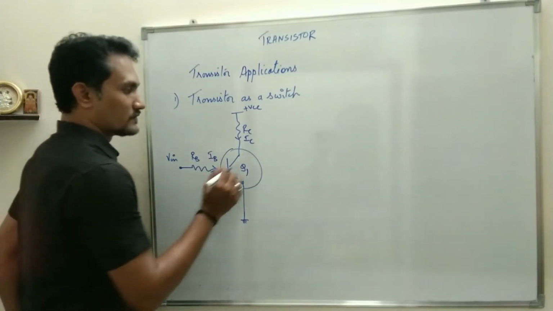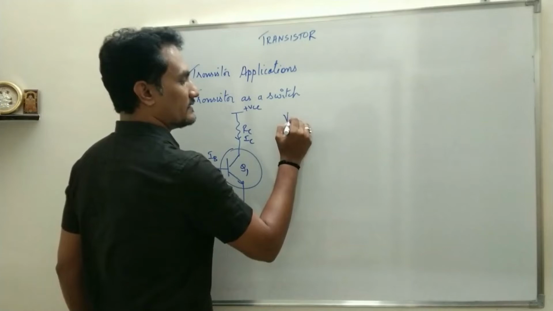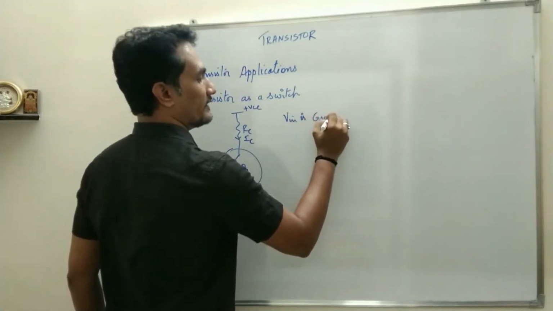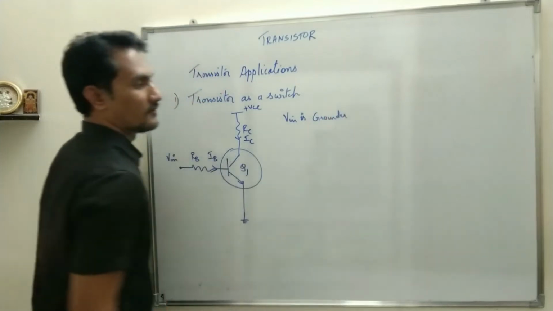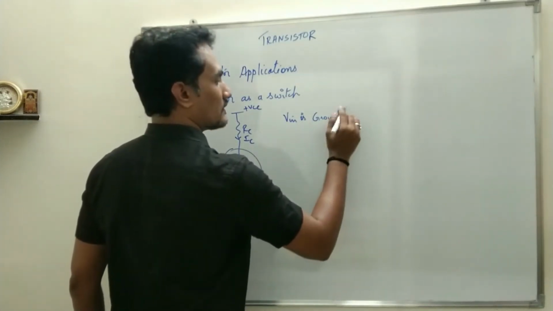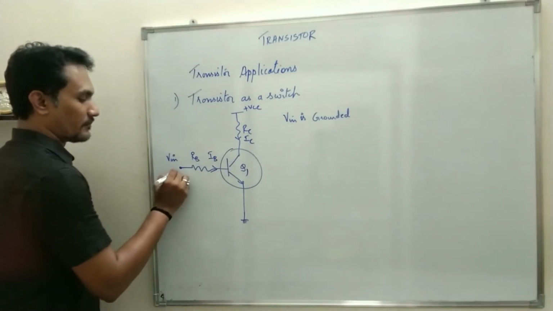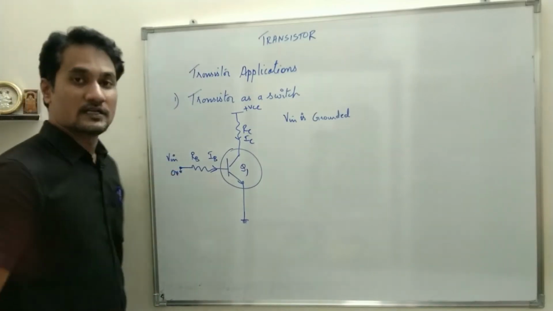Okay, now suppose Vin is grounded. That means zero potential is applied. Okay, it is connected to ground, 0 volt.